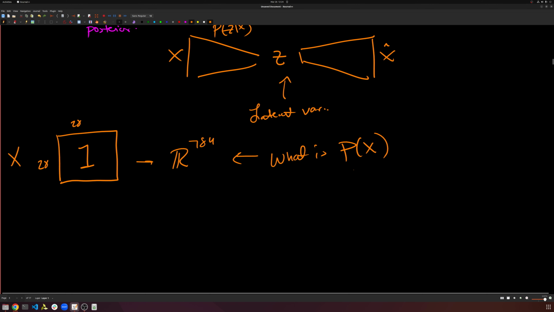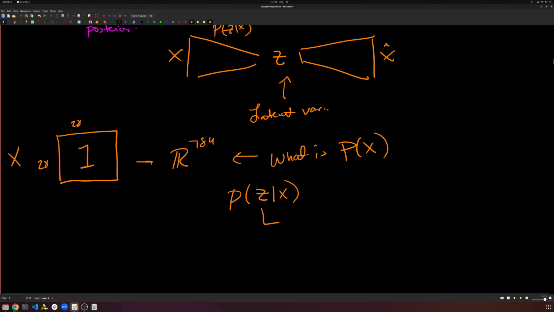And so what we're going to do is say, okay, I may not know what p of x is, but can I learn p of z given x, some conditional distribution where I map my data x to some known distribution, and z can be anything you want it to be. It could be gamma, exponential, it can be beta.